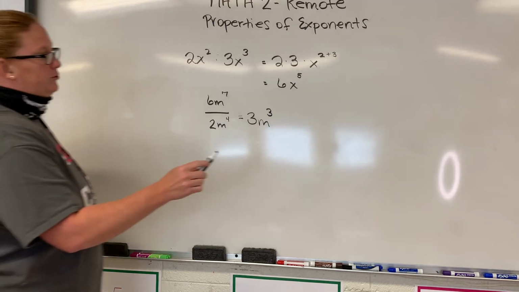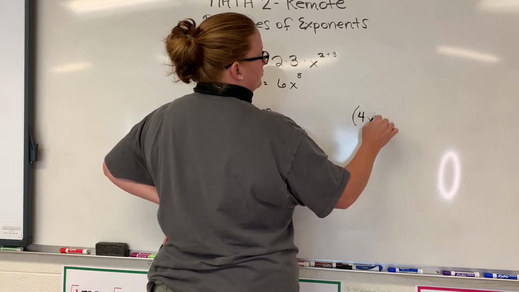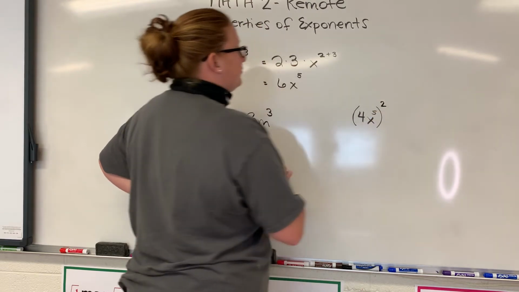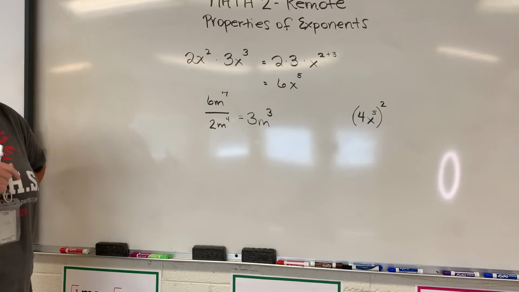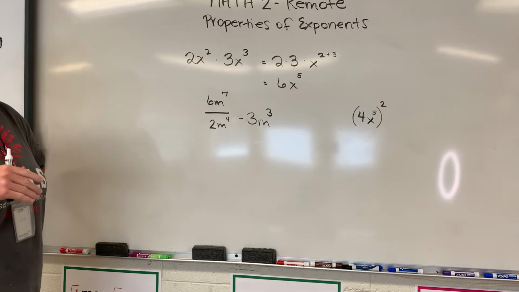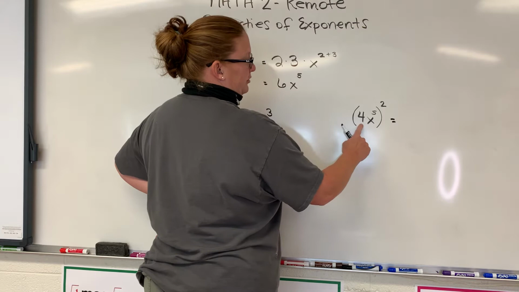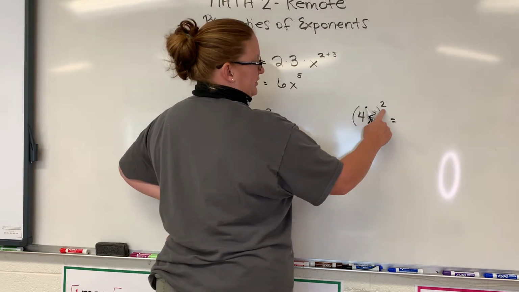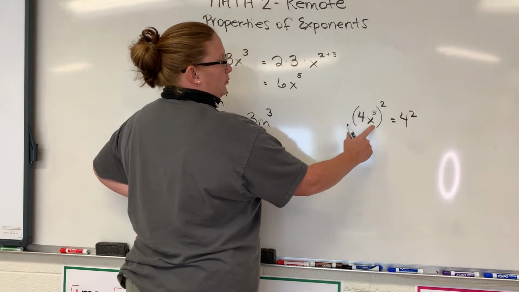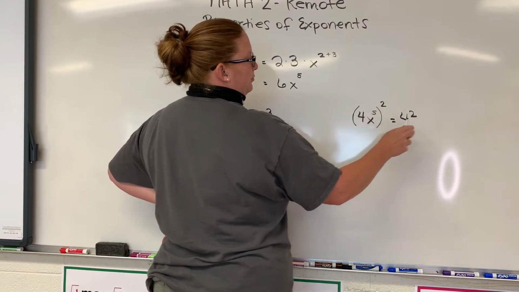Okay, let's do our power to power. What I have is an expression with an exponent in it being raised to another exponent. Just like these other examples, the number still acts the same. So the 4 is still getting squared, just like normal. But what's different here is my base here, x: these two are going to multiply.